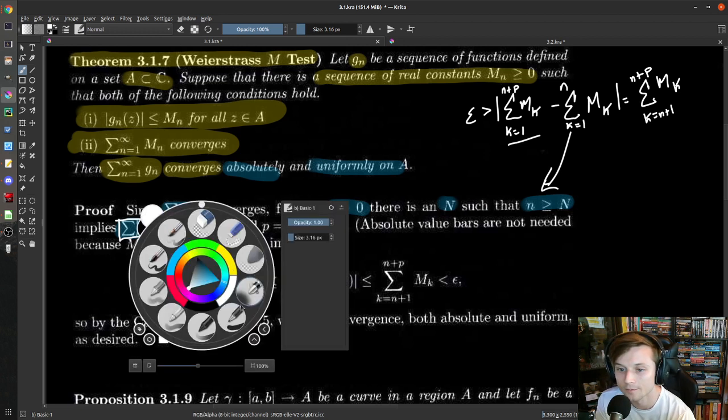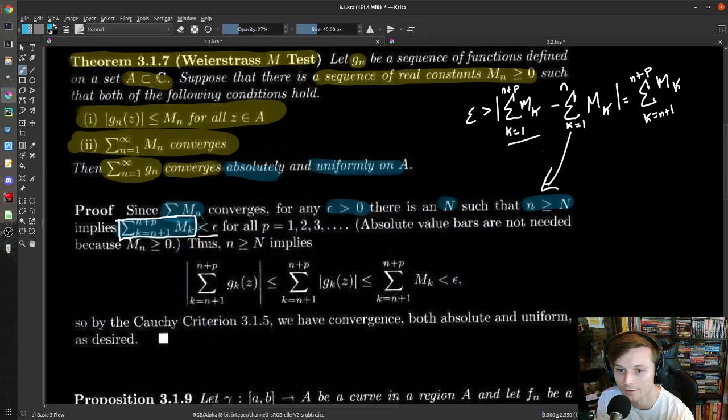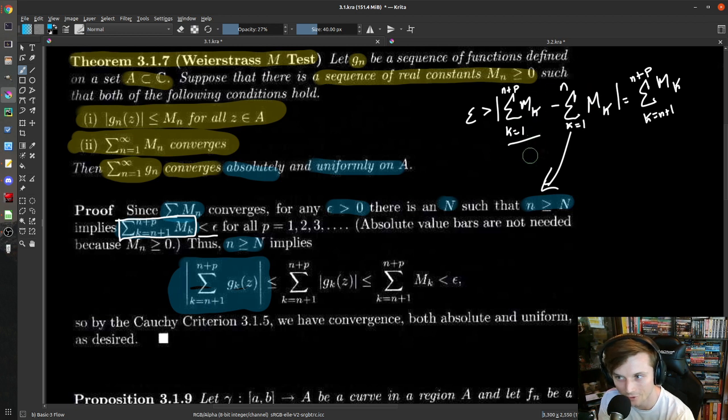So let me get back to my highlighter now. Thus, for such little n's, we have that the sum of these g_k, once again, is the exact same thing, but now we're putting the g's instead of the M's, g_k of z instead of the M_k. This sum of all of them is, definitely by the triangle inequality, less than the sum of the absolute values.